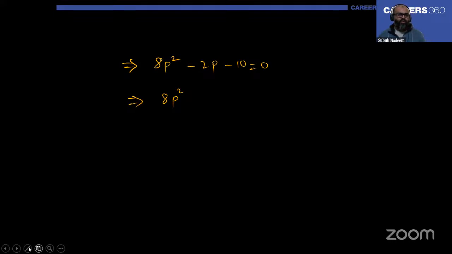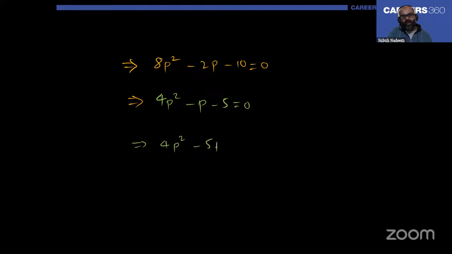So we can take 2 common and cancel it. What we will get is 4p square minus p minus 5 equal to 0. Now we can write it as 4p square minus 5p plus 4p minus 5 equal to 0. That is middle term splitting.